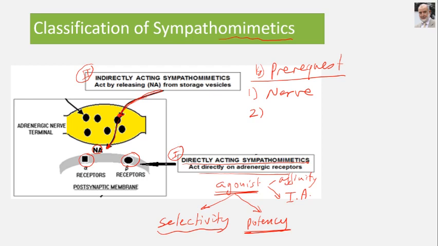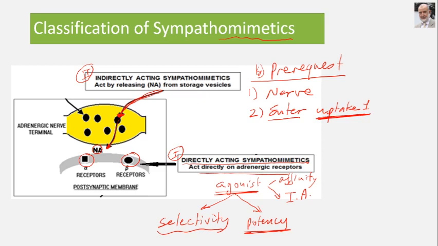The second prerequisite is that they should be uptaken into the nerve. They should enter the adrenergic nerve terminal. How do they do that? They do that through the uptake 1 mechanism. As we have said in the last lecture, there is a specific mechanism for the reuptake of noradrenaline after its release.